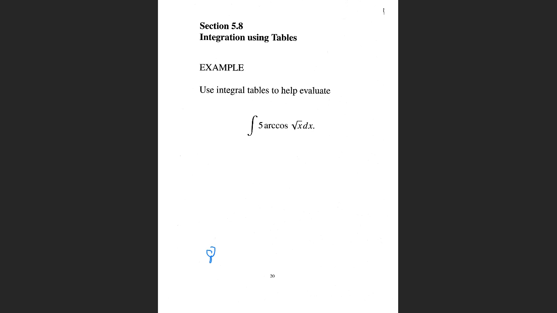Okay, so formula 88 is the antiderivative of arc cosine of u du is equal to u times the arc cosine of u minus the square root of 1 minus u squared plus a constant.